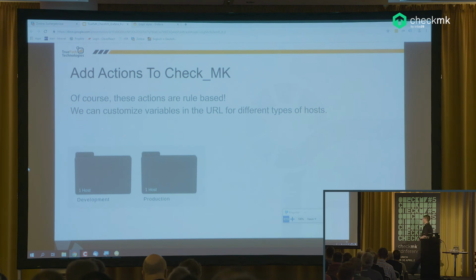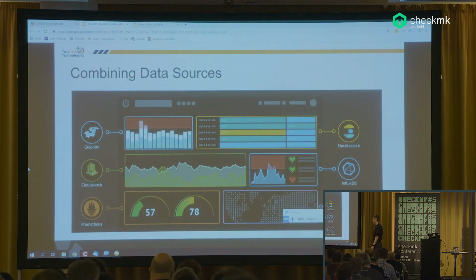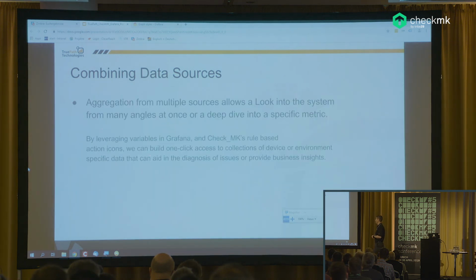Of course, the actions can be rule-based. We can customize the variables and the URLs for different types of hosts. We can add all of those different pieces in there very easily based on rules. And again, you can start to think about all the different data sources that you could be combining out there. You can aggregate from really any other types of data sources.